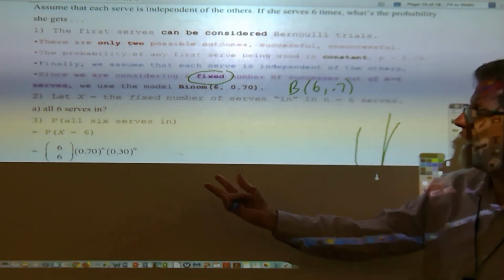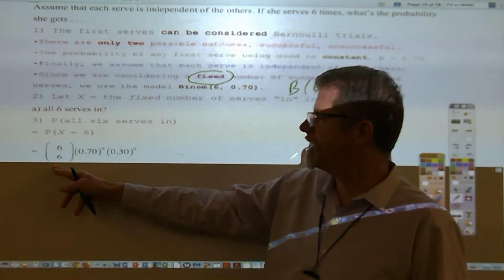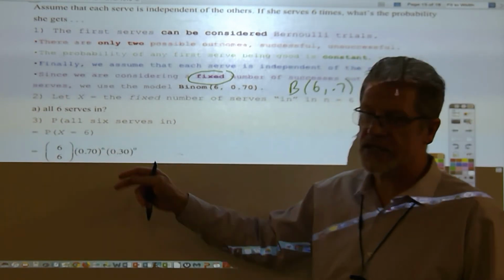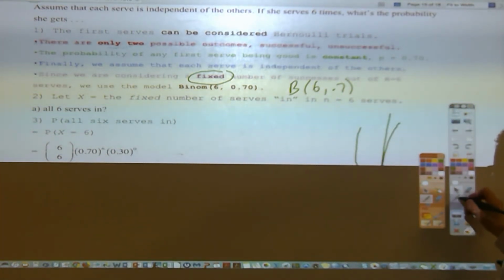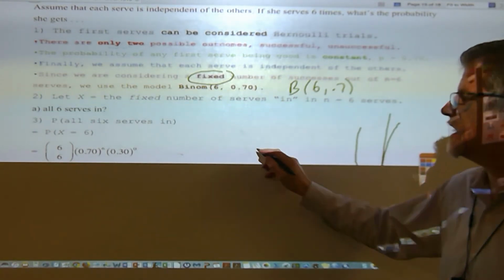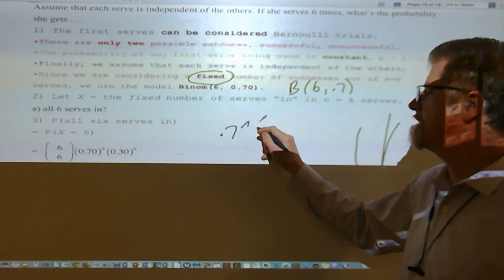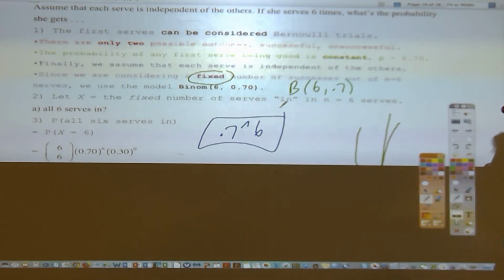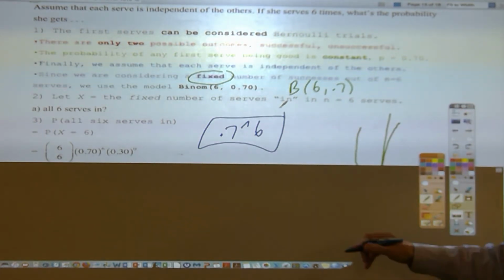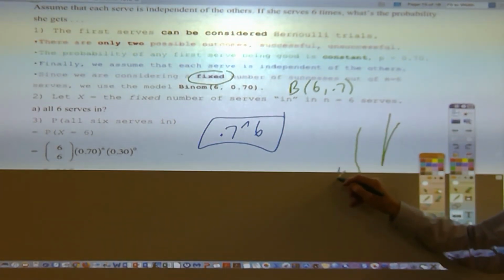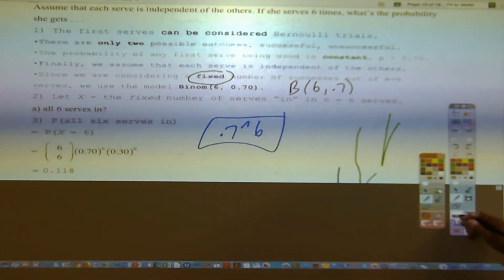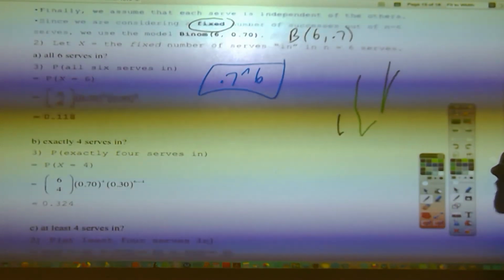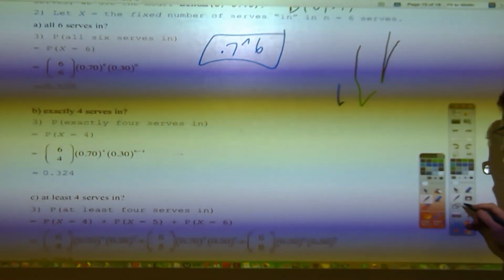Well, that's the very last triplet. It's 6 choose 6, 0.7 to the 6, 0.3 to the 0. Which I will continually argue is best typed in using 0.7 caret 6. There's nothing more that has to be typed into your calculator, since 0.3 to the 0 is 1 and 6 choose 6 is 1.